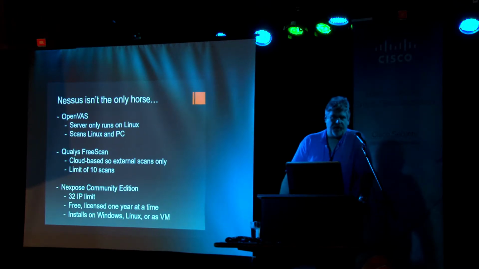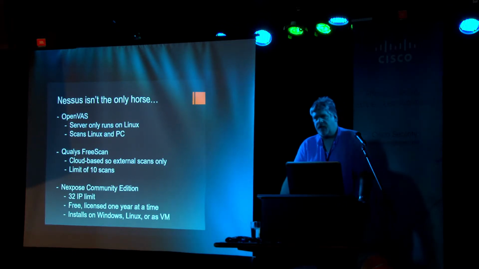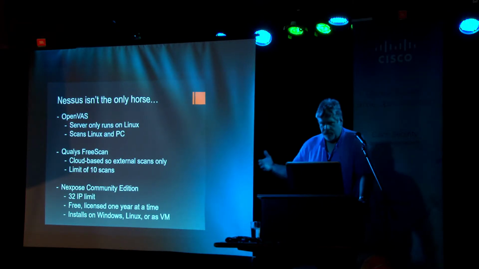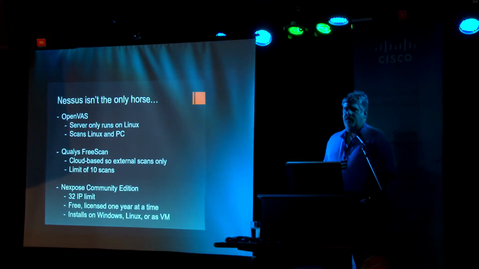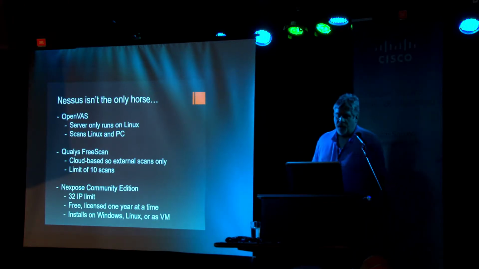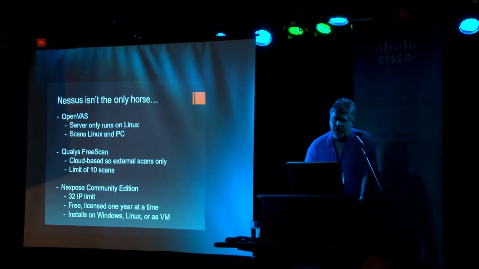You have to sign up for a free 1-year license, and then next year you have to confess that you're using their free product again, and then you can use it for another year. It installs on Windows, Linux, or as a VM, and kind of like Qualys, you don't get what you don't pay for, right? OpenVAS is really the best of breed in this sort of thing.